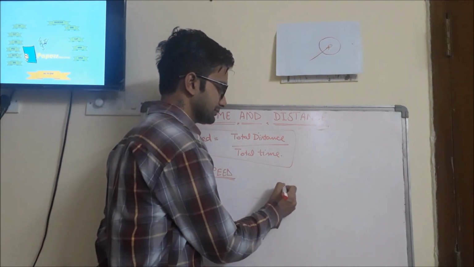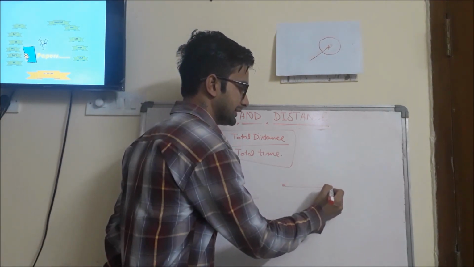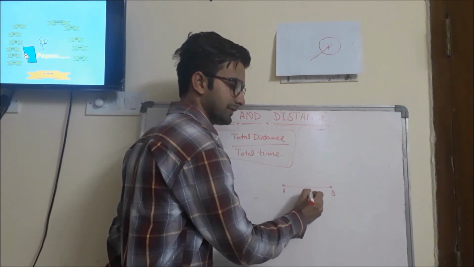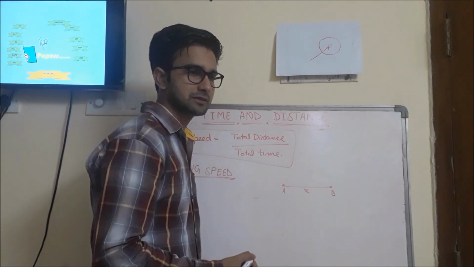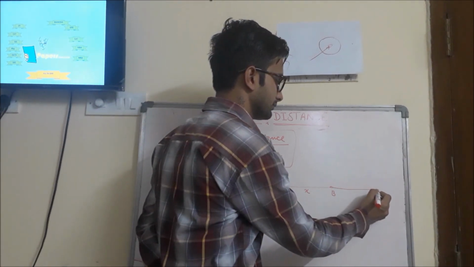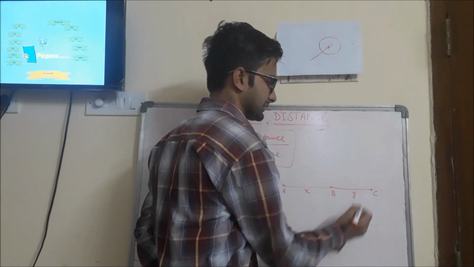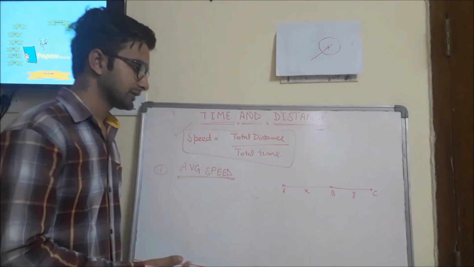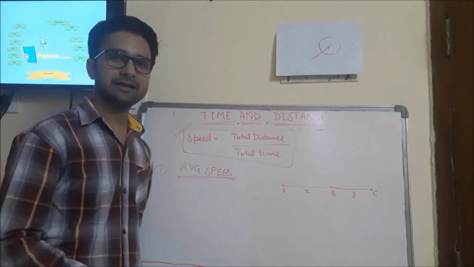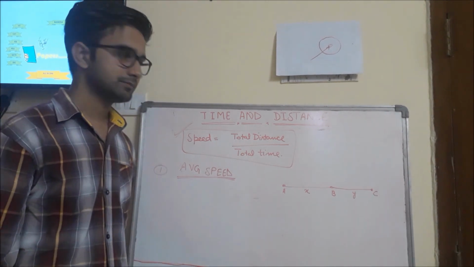A person goes from A to B with a speed of x meters per second. From B to C, y meters per second, or whatever it is. Now I ask you to find out the average speed.